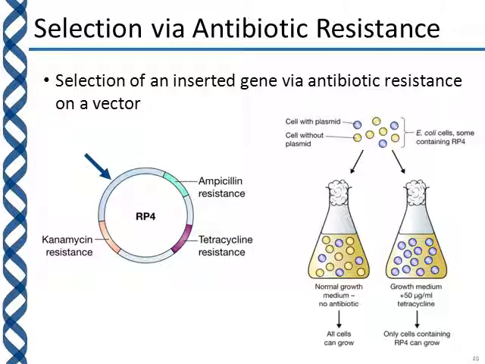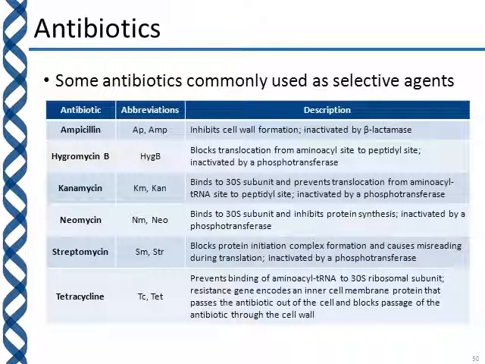When grown in normal media, that is, media which contains no antibiotic, all cells grow. When grown in media containing tetracycline, only those cells which contain the RP4 plasmid can grow. Here, we show a few examples of some of the antibiotics commonly used as selective agents for successful transformation.